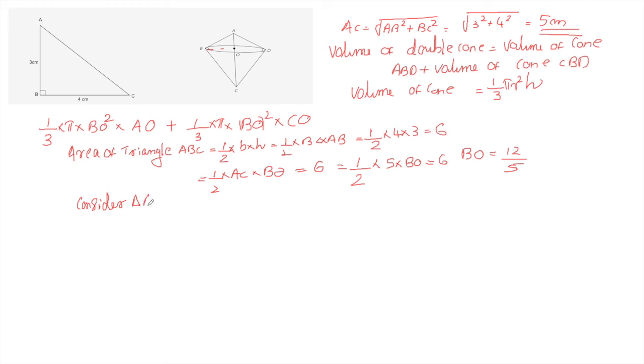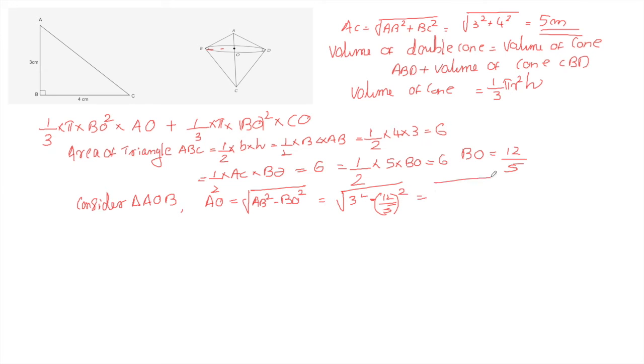AO is equal to root of AB square minus BO square, so root of 3 square minus 12 by 5 square.